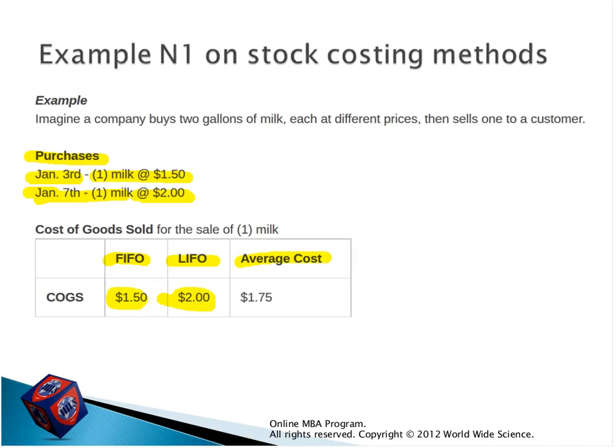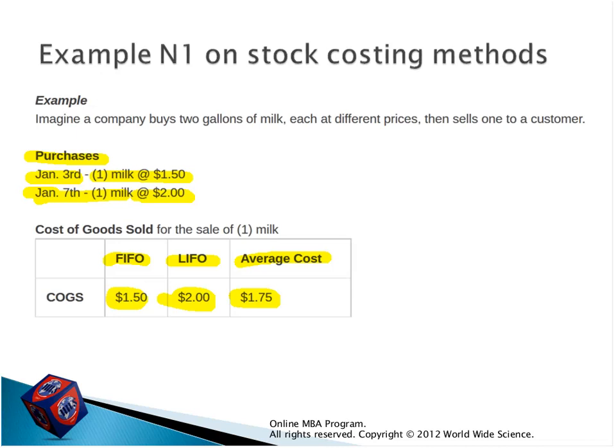Just the average, and it comes to $1.75. So these are the 3 we have. Right now we have found our cost of goods sold by the 3 different methods that we use to value the company's inventories.